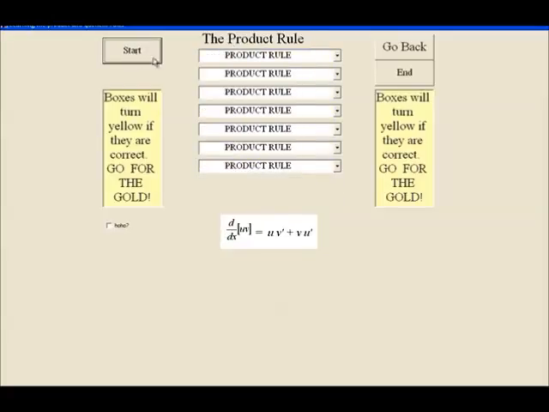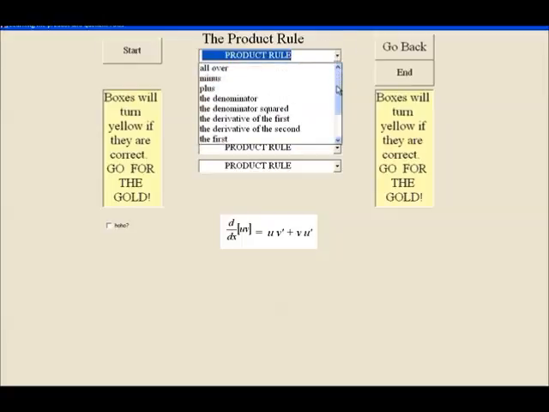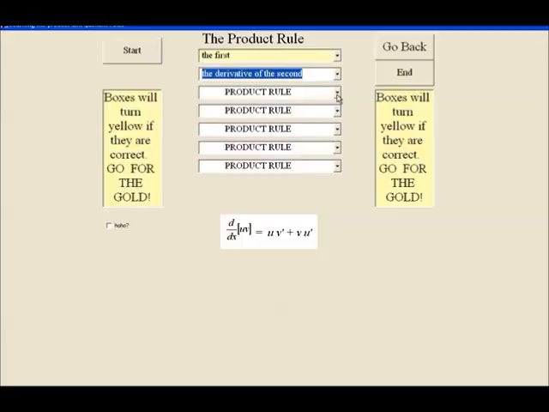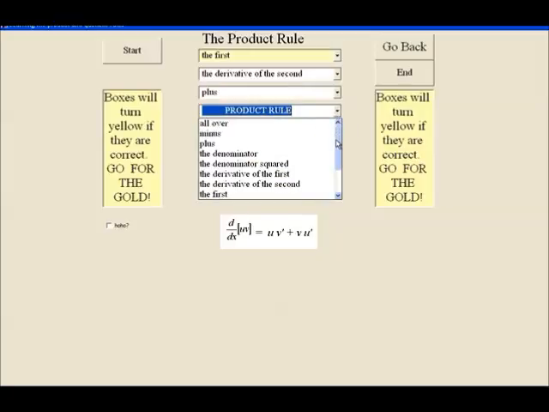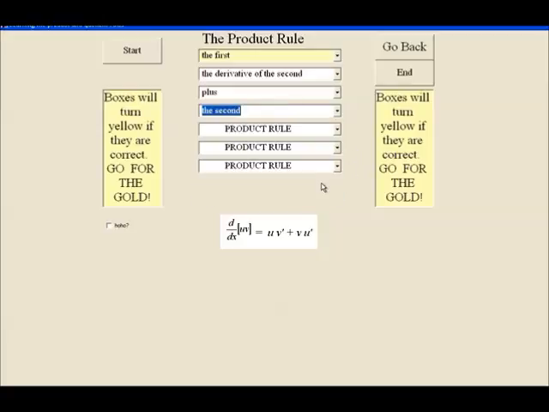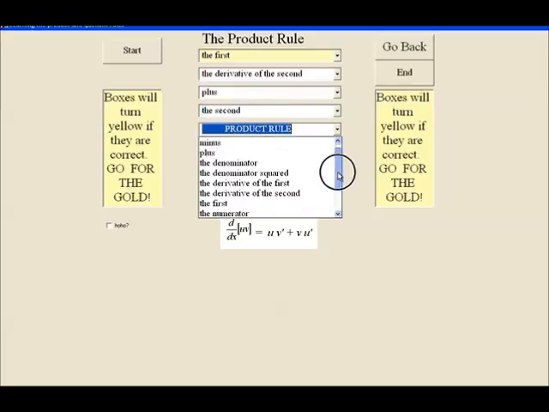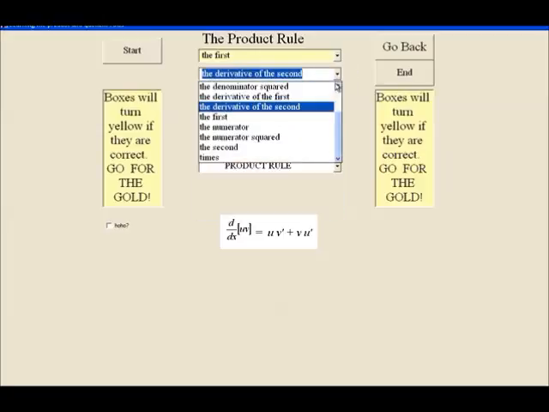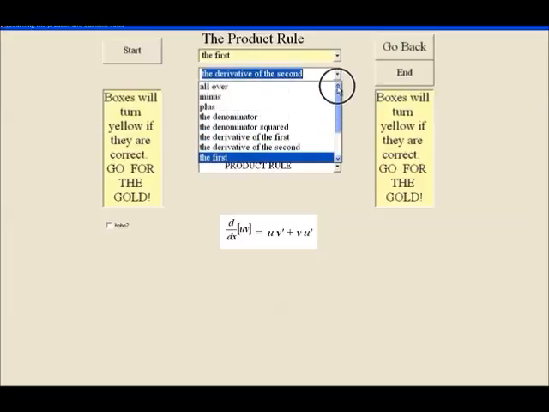The product rule. This is the way I taught it to my students. Your teacher probably has a different way. First times the derivative of the second plus the second times, oh, I forgot to put times up here. No wonder it didn't turn yellow.